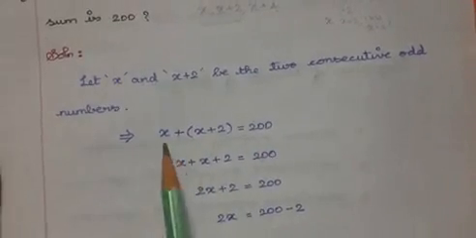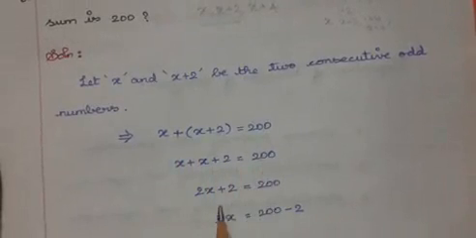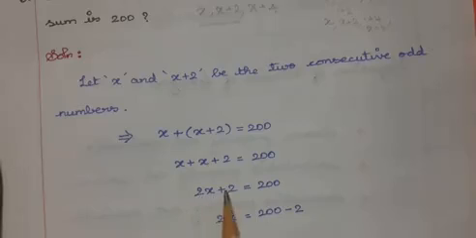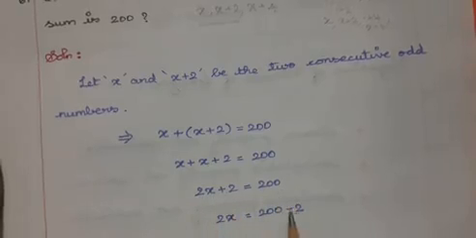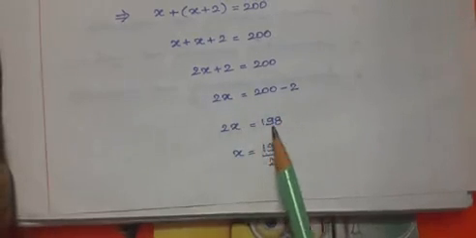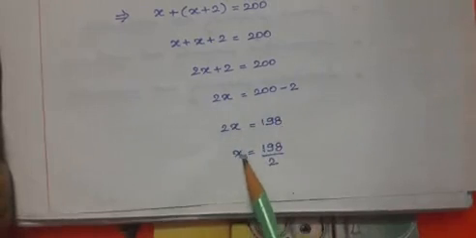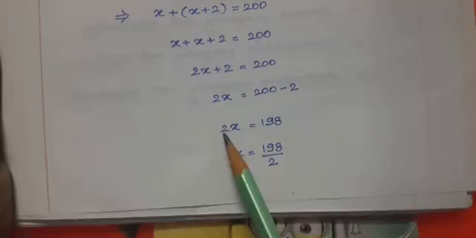So, remove the bracket: x plus x plus 2 is equal to 200. So x plus x is 2x plus 2 is equal to 200. Take this plus 2 to the other side, you will be making it as minus 2. So 2x is equal to 200 minus 2. 2x is equal to 200 minus 2 is 198. Therefore, x is equal to 198 by 2.